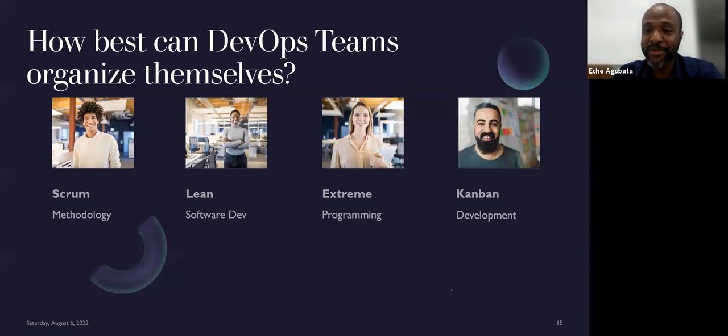So they themselves too, just like a project team, have to be able to organize themselves in a way to deliver value, right? So DevOps as a team can work with any of these methodologies as part of their own organization to deliver value. That's why I repeated this slide. So it was not a mistake.